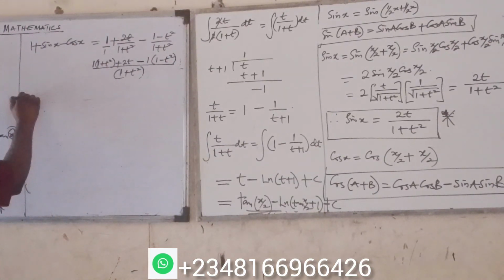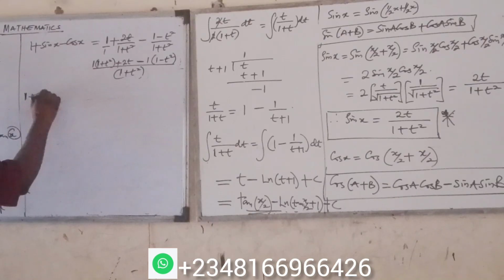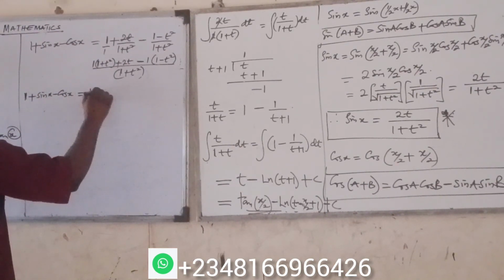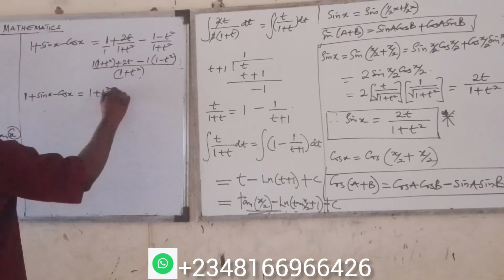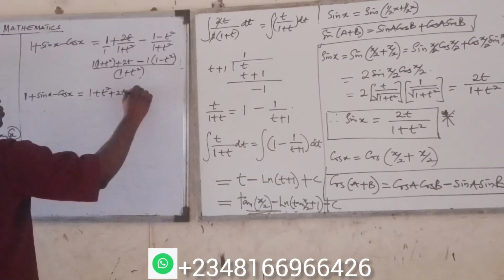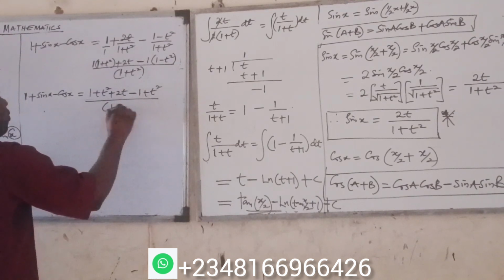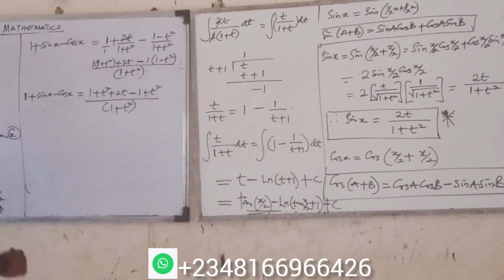So 1 plus sine x minus cos x will be equal to 1 plus t squared plus 2t minus 1 plus t squared, all over 1 plus t squared.